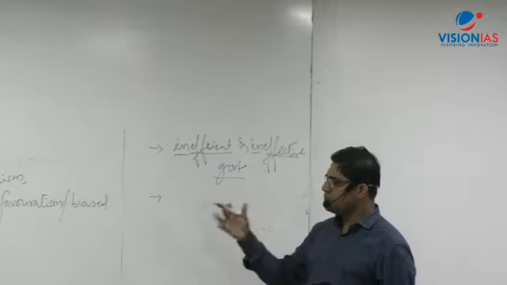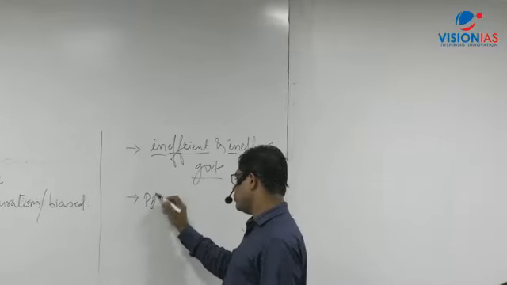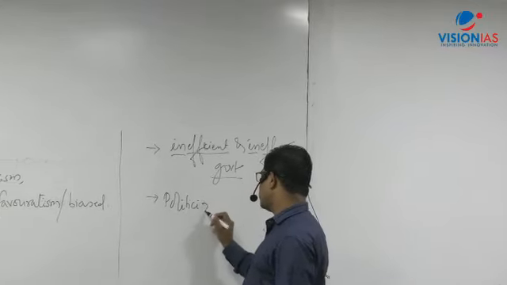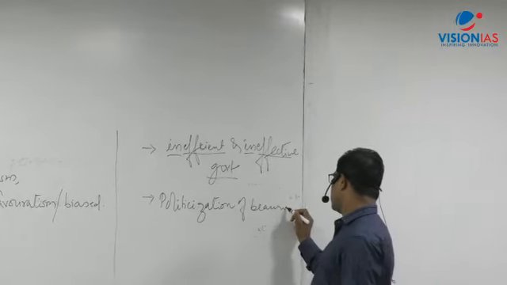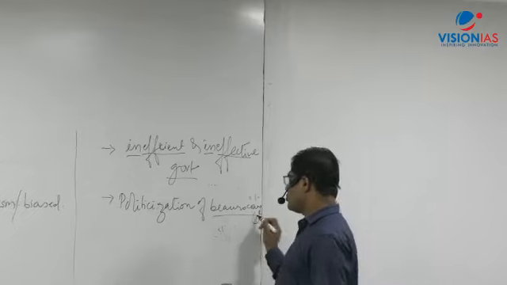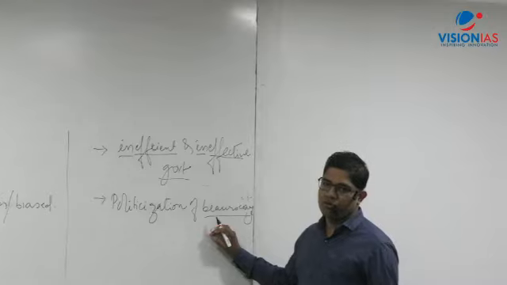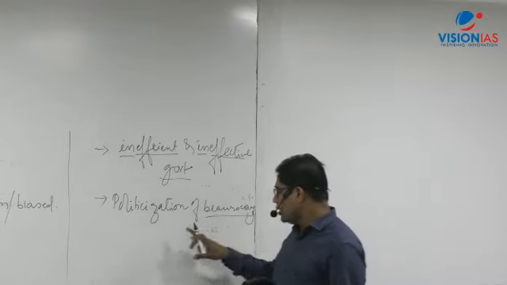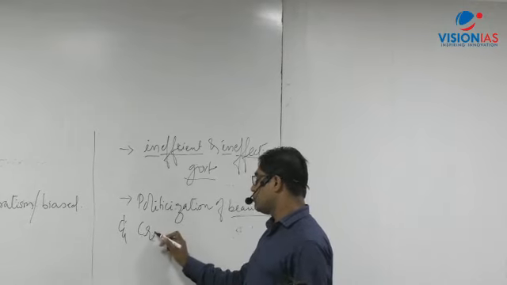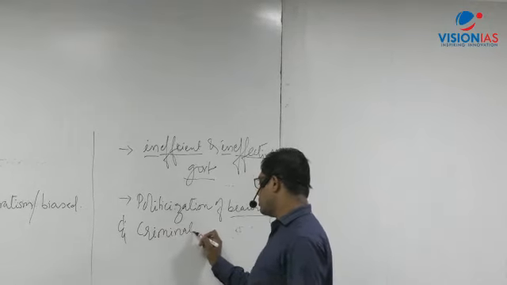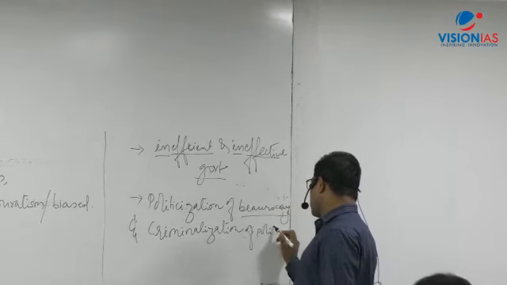Then the other problem is politicization of bureaucracy. Now this politicization of bureaucracy, because bureaucrats are not autonomous, they fear to take decisions. And this politicization of bureaucracy is in fact a product of criminalization of politics.